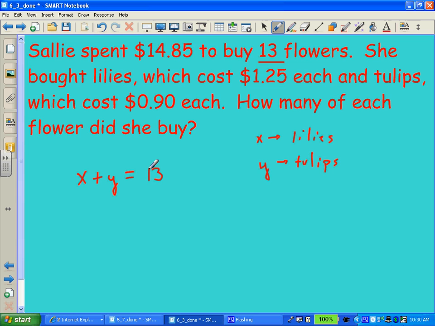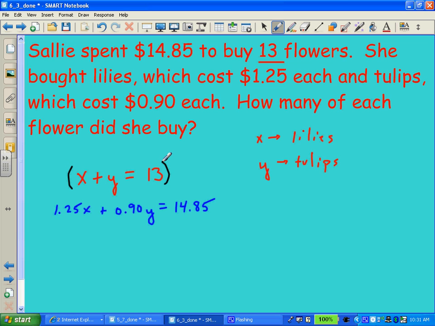Then we want to look at her price. She spent $14.85, $1.25 each on the lilies, so 1.25x, 90 cents on the tulips, so 0.90y, and that totaled up to $14.85. That would be our second equation. Now we can use elimination to help us solve this.